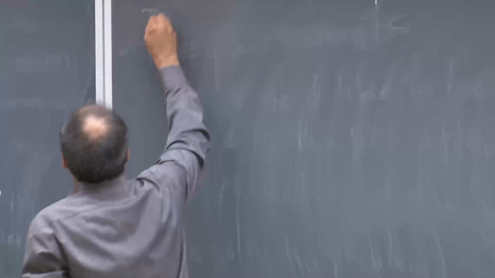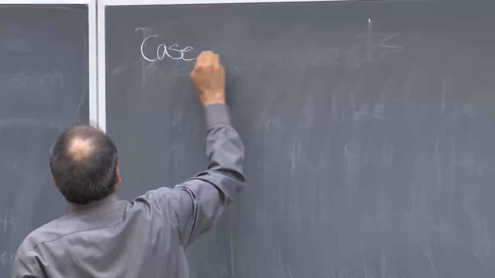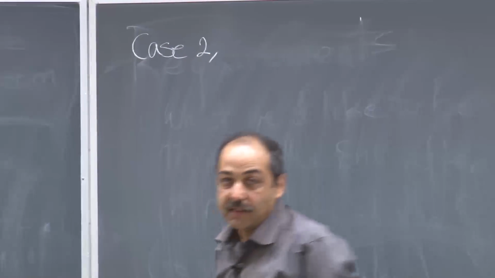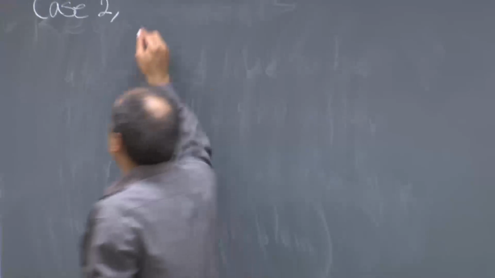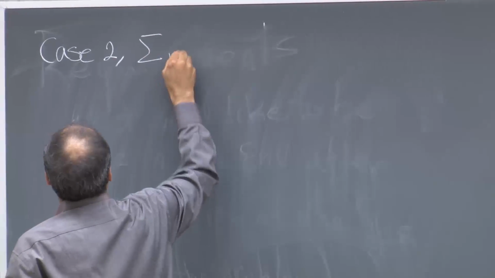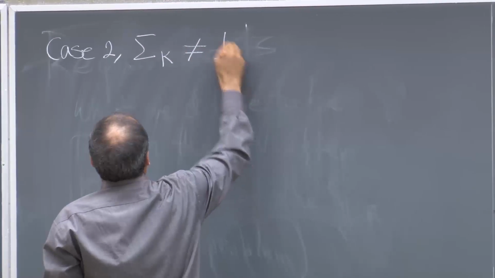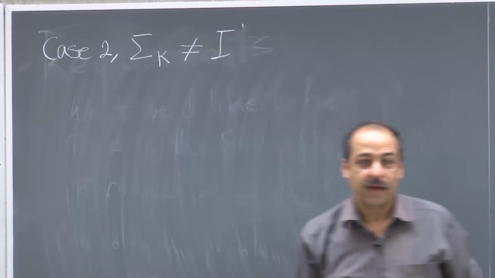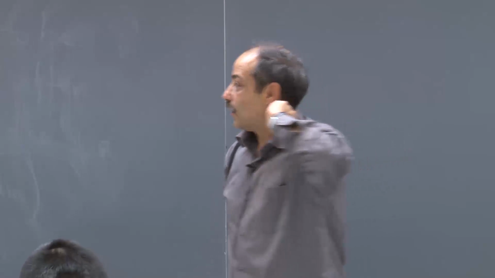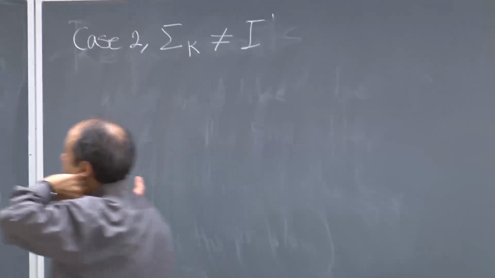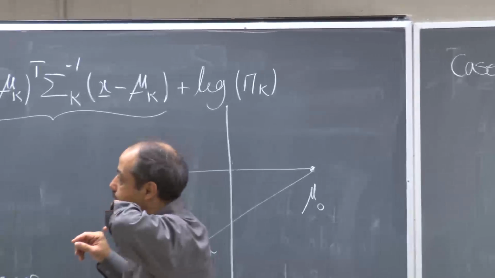So let's consider the more interesting and more realistic case that sigma k is not identity. So let's see what we are doing in this case, actually.